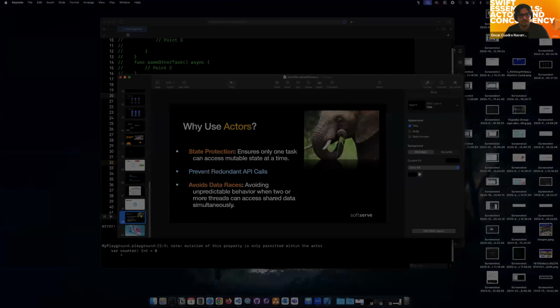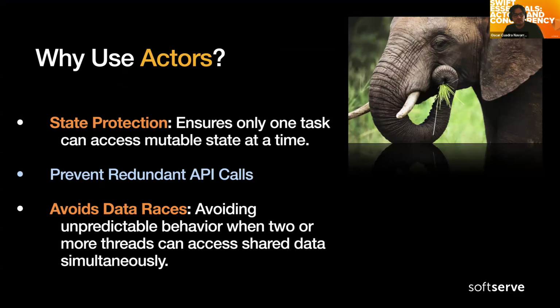So, for example, why use actors? Basically, to ensure that only one task can access mutable state at a time. One use is to prevent redundant API calls, because we can create an actor as a manager to handle queues that trigger our calls.